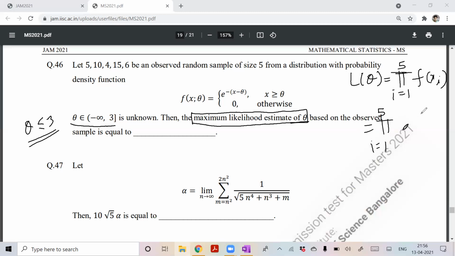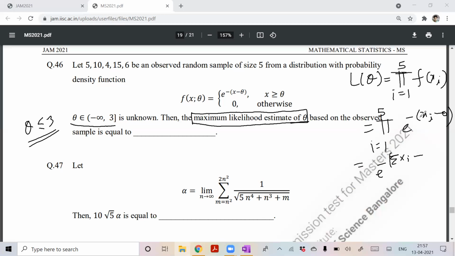It is e raised to the power minus (xi minus theta). So we have to multiply each term: i1 into i2 into i3 into i4 into i5. So directly I will write e raised to the power minus summation xi minus, you will take summation over theta. So the powers get added. That's what I'm doing.